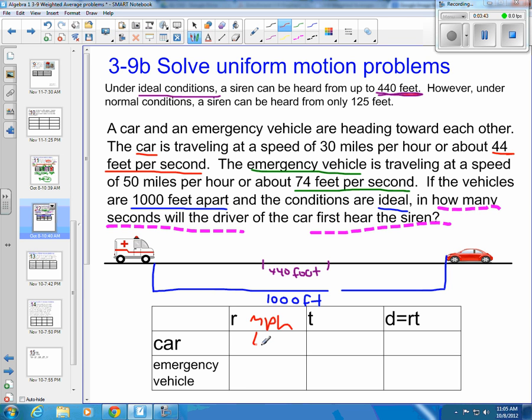The car is traveling 44 feet per second, and the emergency vehicle is traveling 74 feet per second. Get my units right on here now.